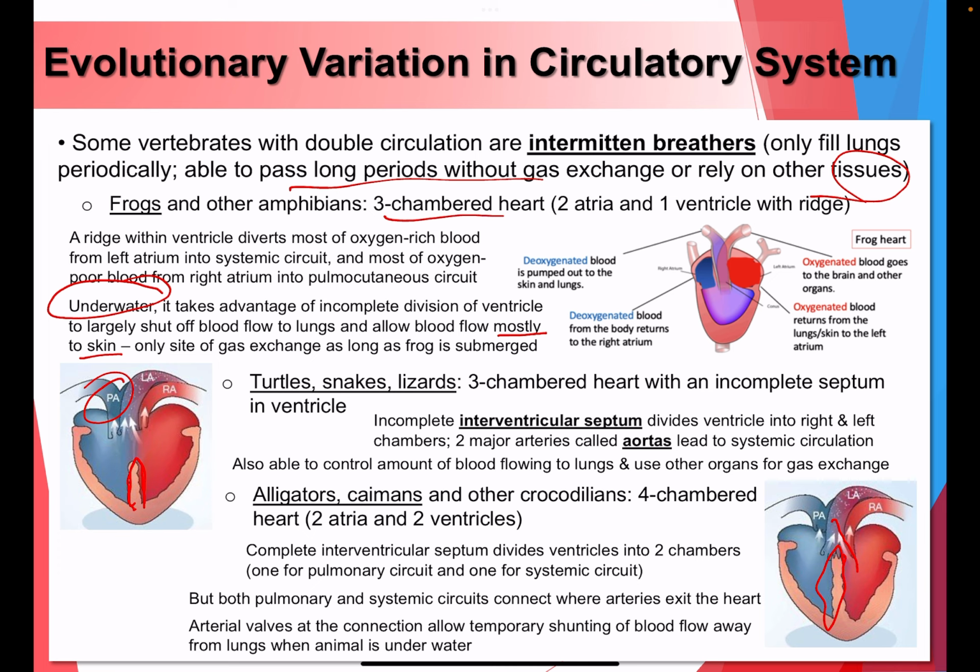And then there's something called an arterial valve that goes between these two, such that when the animal is submerged underwater, that little valve opens and allows a temporary shunting of blood away from the lungs. It's not like they're allowing blood to travel between the two ventricles for these animals, but there is a small opening up here where the large vessels themselves have a little connection for blood to shunt between the two circuits.